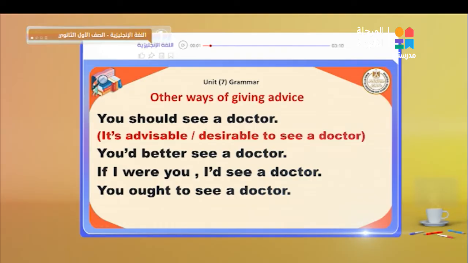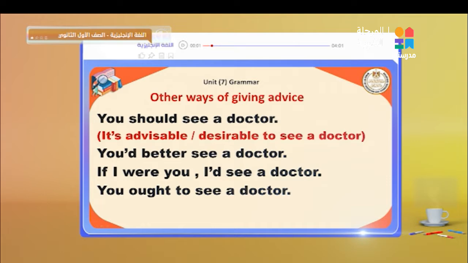There are other ways of talking about advice. If you wanted to give someone advice, there are other ways rather than should. You can say you should. What else can we use? We can say you should see a doctor, or it's advisable to see a doctor, or it's desirable to see a doctor.